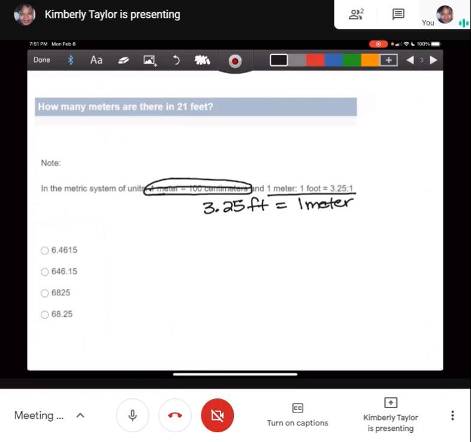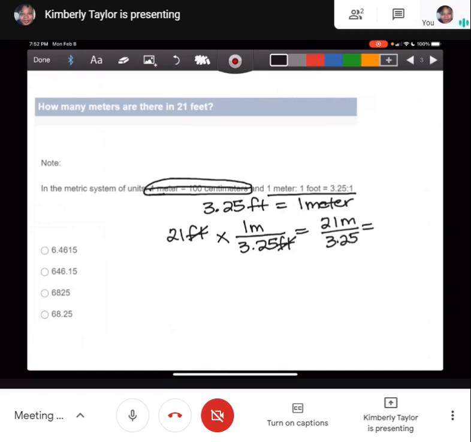So you take your 21 feet, and this is the dimensional analysis way. I can say 1 meter over 3.25 feet. And I cross that out, the feet cancel out, and so you're left with 21 meters over 3.25.